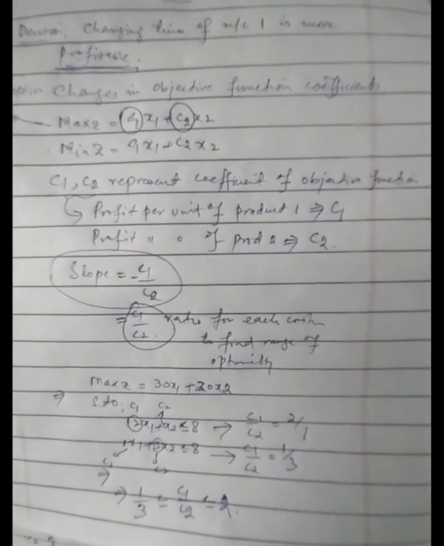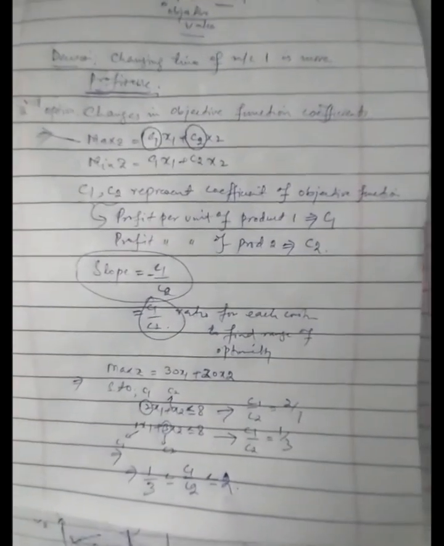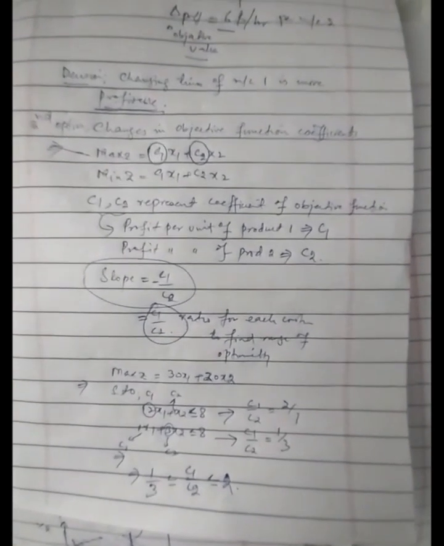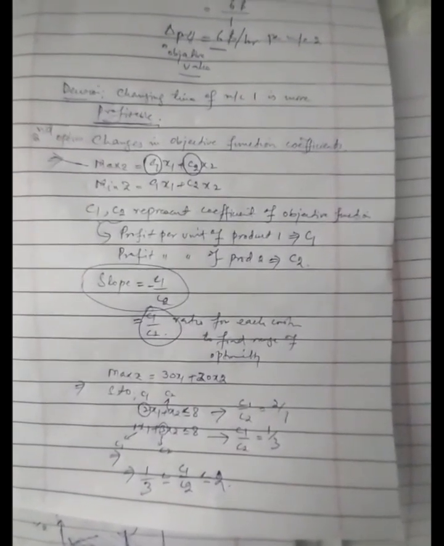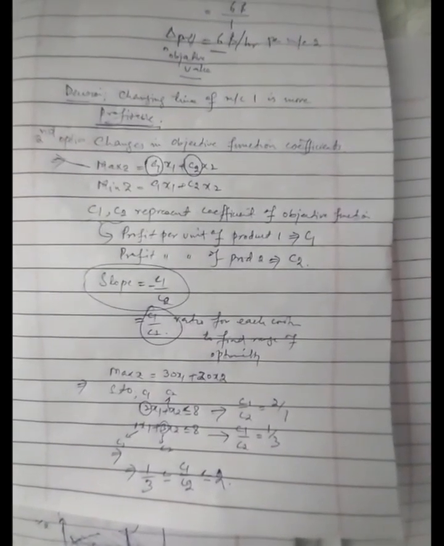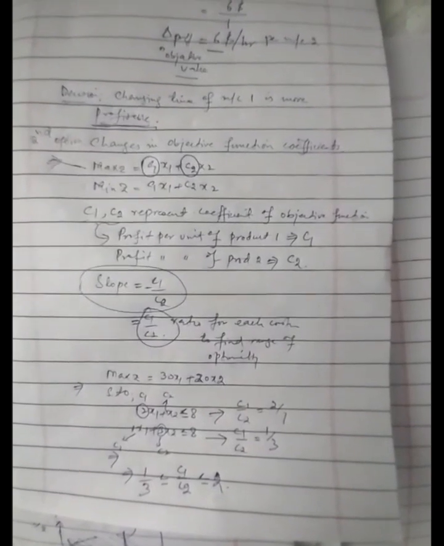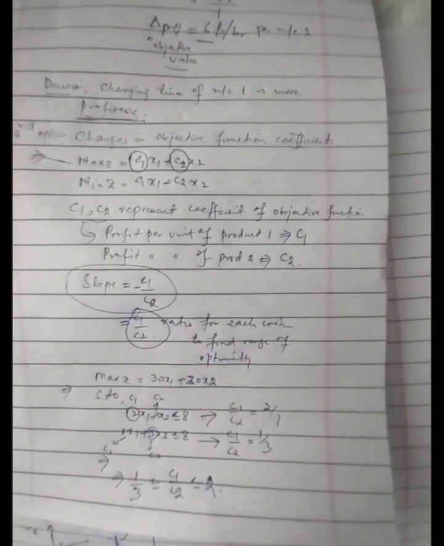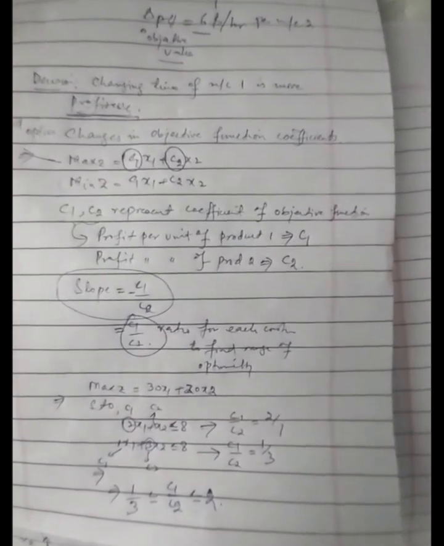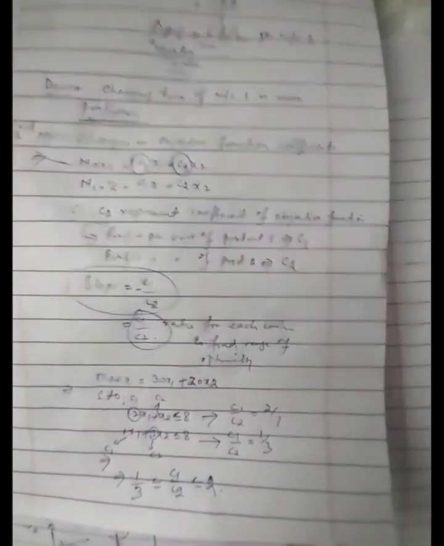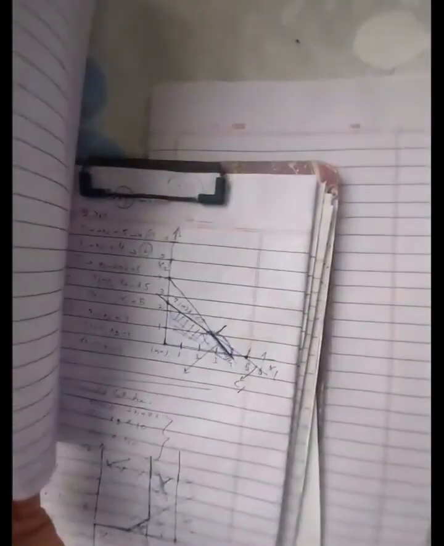I will do it using an example. I will pick some values for C1 and C2 to change, and then we will see that if it remains in the same zone, it will be optimal. If it does not remain in the same zone, then it will not be optimal. It will yield an infeasible solution.